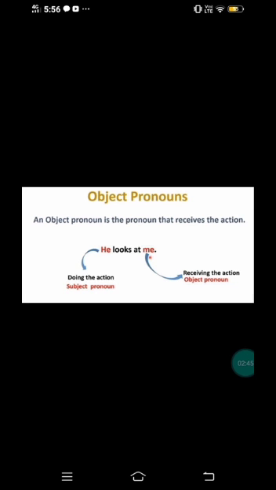Here, at is the preposition. So, you can identify in this way. Object pronoun always comes after the verb or else after the preposition. These are the important points which you need to remember to differentiate pronouns in the sentences, children. Now, let us look into today's topic.